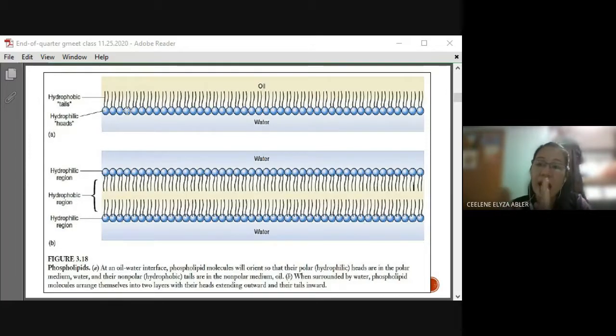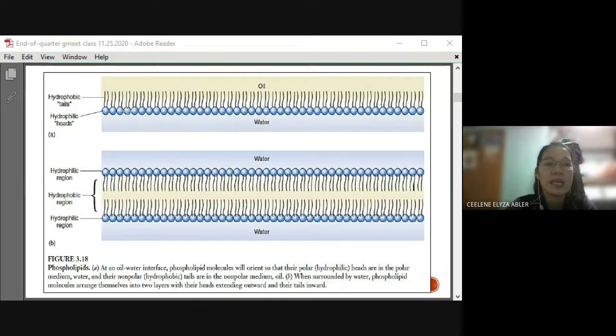Because there are four oxygens in O4, they circle around one phosphorus molecule. So you have one phosphorus atom and four oxygen atoms circling around it. Kaya it's represented in drawings as a circle.